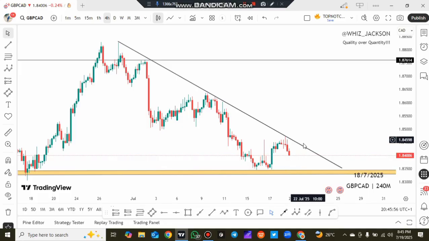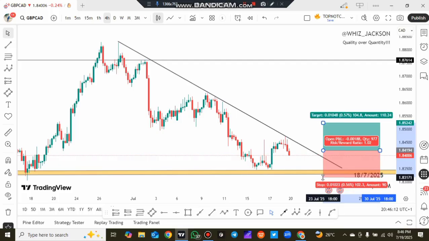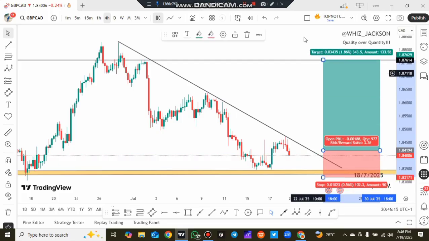Once I see the market close with a bullish candle above this bearish trend line, this external range liquidity, I'm going to be opening my buy, and my buy will be something like this. I will open my buy. My stop loss will definitely be around here. My first level target will come around here, and my second level target will go to that point that I showed you. This is 1 to 3 risk to reward. So because of the risk to reward, I'm going to be looking at this market.